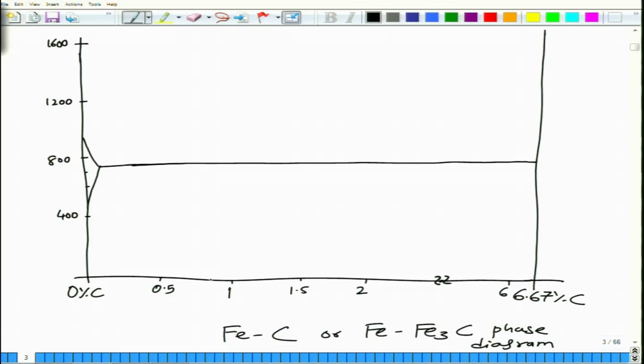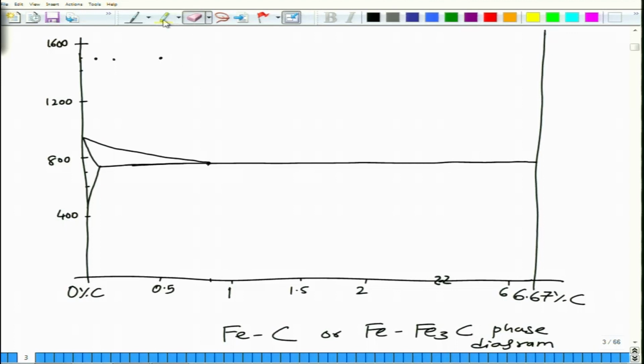So 0.8 is this, roughly 0.8, and then I draw this 0.022, then I have somewhere here 1493, so this is 1400, and somewhere here I have a peritectic region line. Okay, so this is 0.1, this is 0.15 nearly, and this is about 0.5.